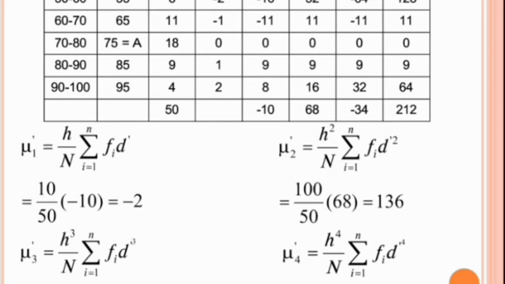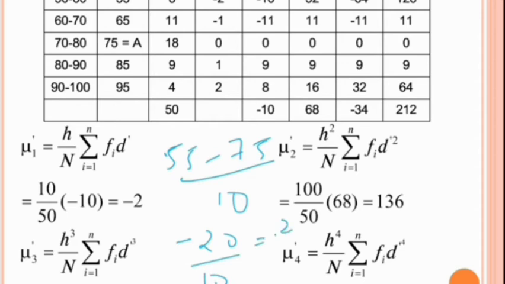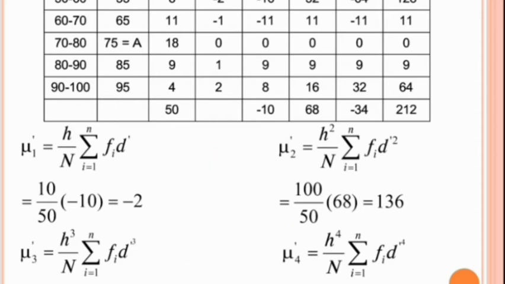So when you calculate di the first time, xi is 55 minus A, that is 75, divided by h, that is 10. So this will be 55 minus 75, that is minus 20 by 10, which is equal to minus 2. So first will be minus 2, then you keep on increasing the terms: minus 1, 0, 1 and 2.